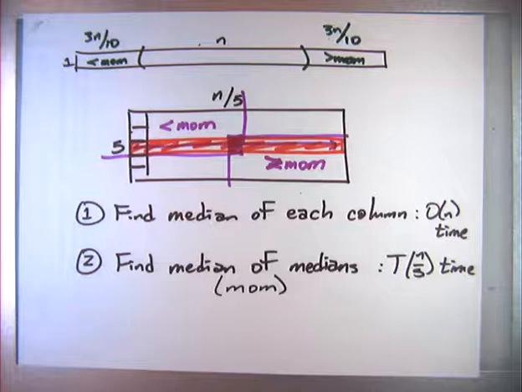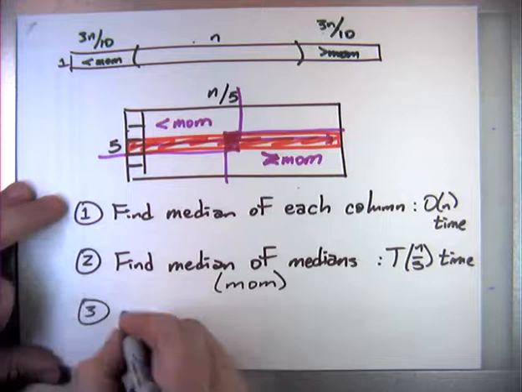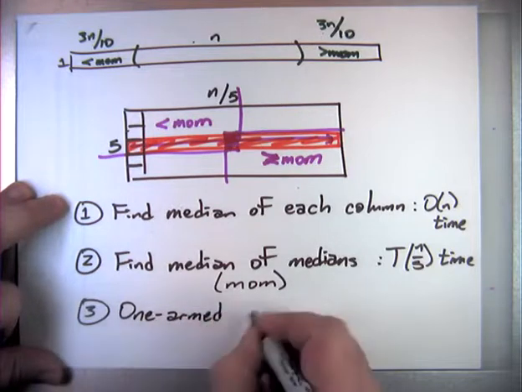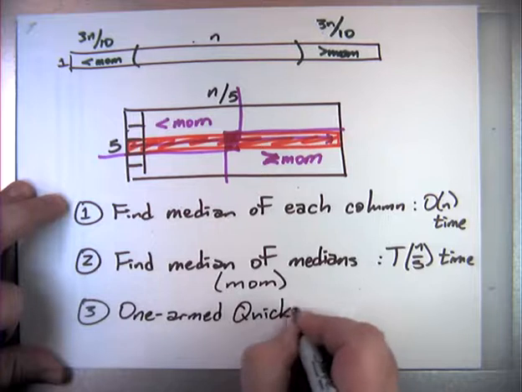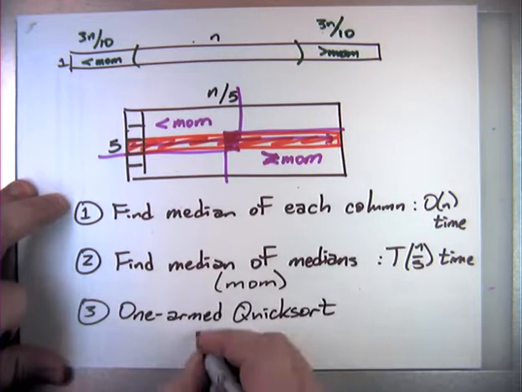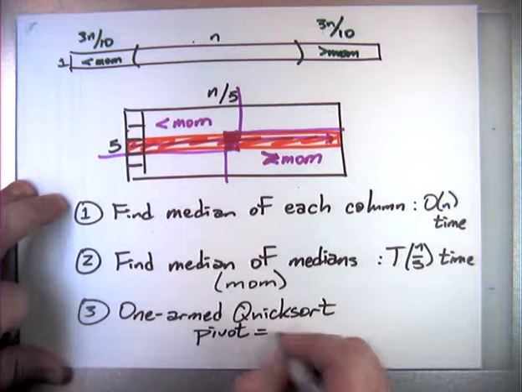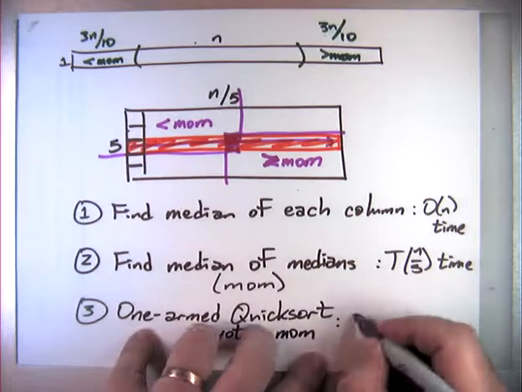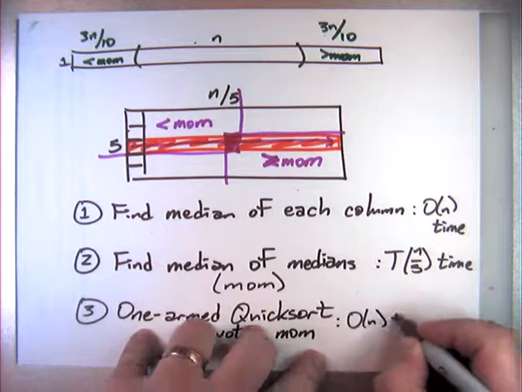Okay? Which means that now I'm going to do one-armed quicksort where the pivot is MOM. And this is going to take me linear time to do the partition.